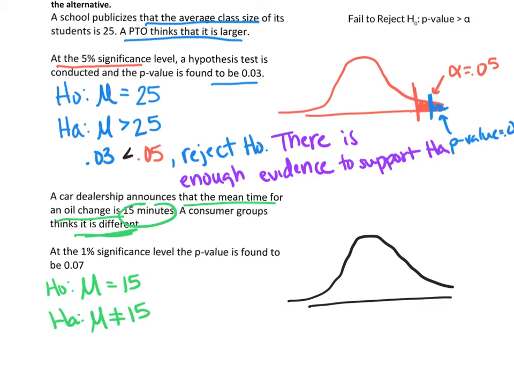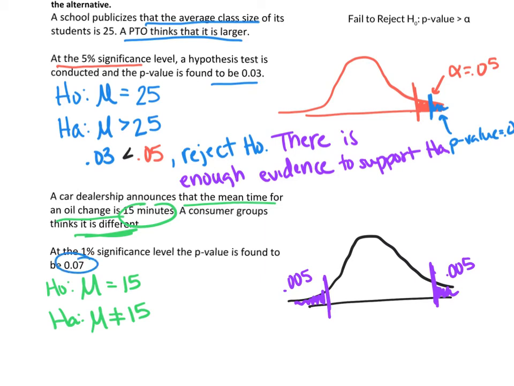Because it's a two-tailed test, it can either fall on the left or the right. The area altogether has to be 1%. So this is 0.005. This is 0.005. And if you add those two values up, you're going to get your 1%. Well, when we calculate this, we get a value that is 7%, which is much greater than both these values.